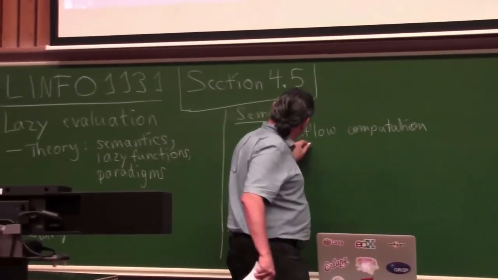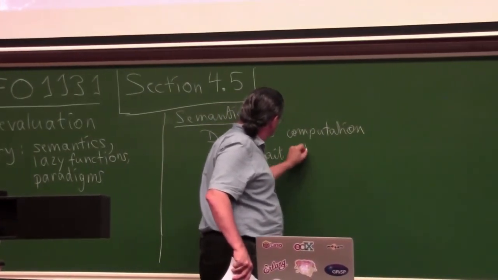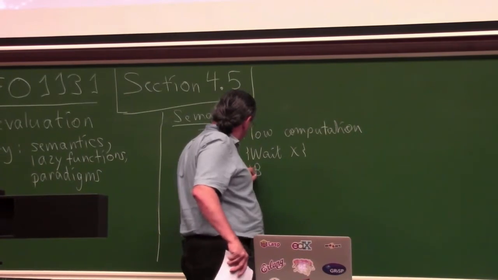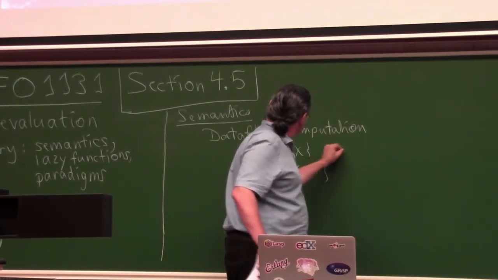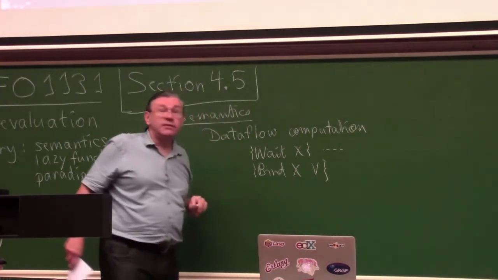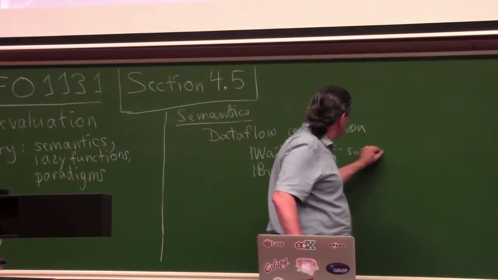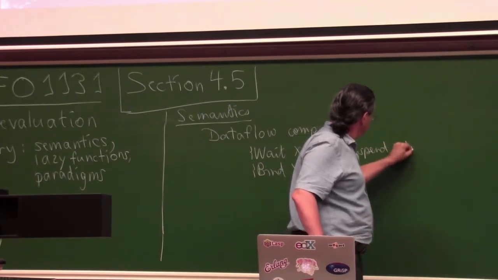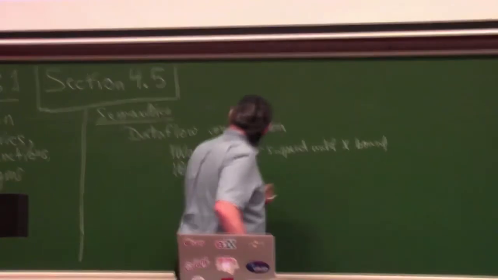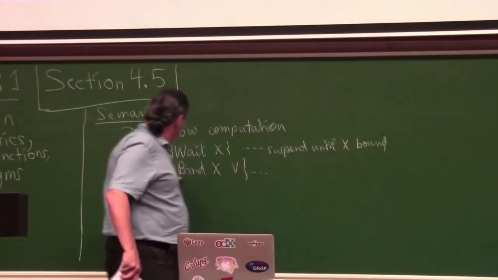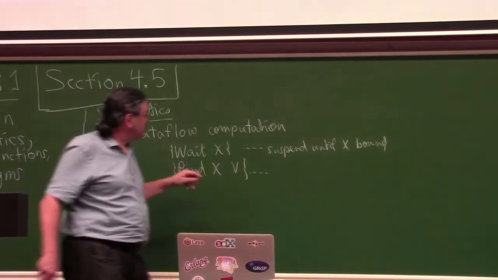We have two operations called wait x, and we have bind x to a value. The wait x will suspend the thread until x is bound. And the bind x will release any waiting waits. Okay?